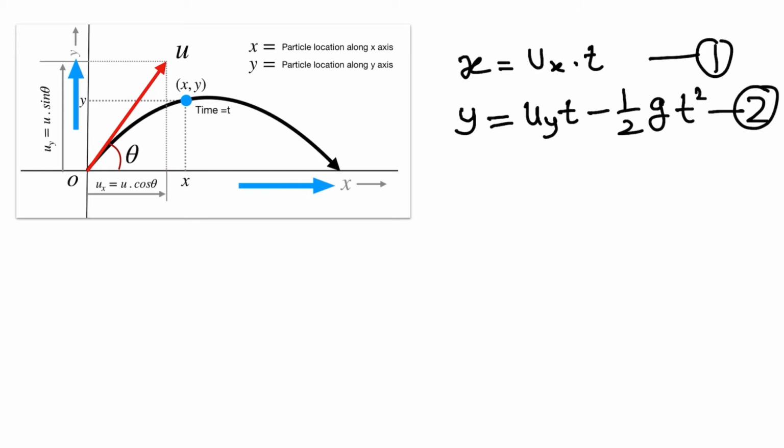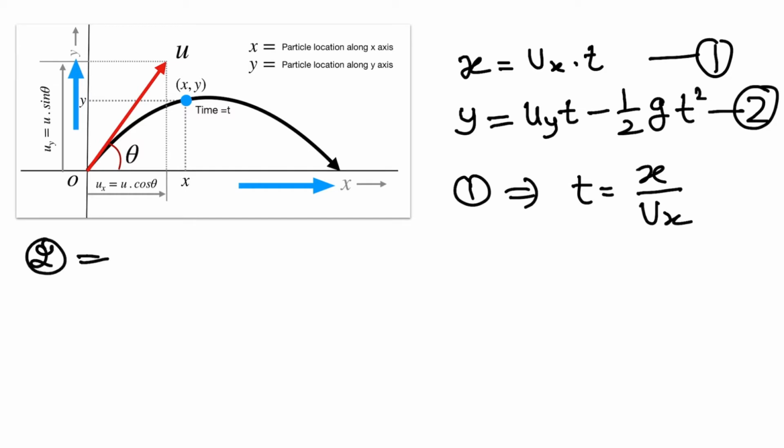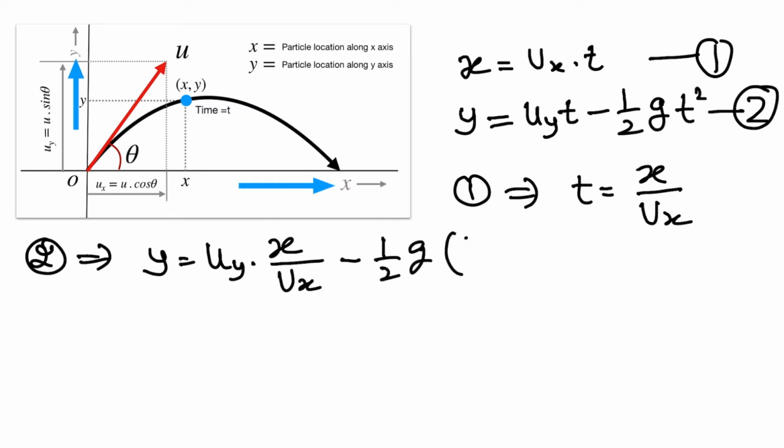Now as a third step, we have to eliminate time t from these two equations. From equation 1, we can say t equals x by ux. Now this value of t we will put in equation number 2. So equation 2 will be y equal to uy times x divided by ux, minus half g times (x by ux) whole square.